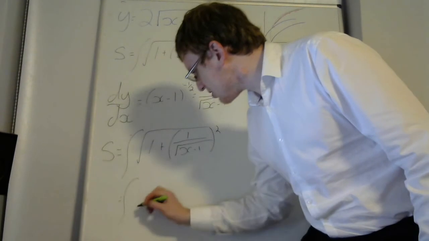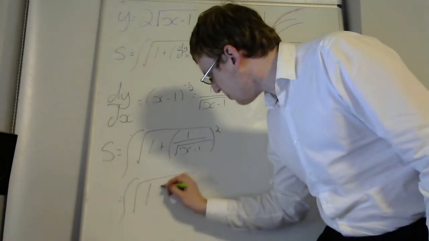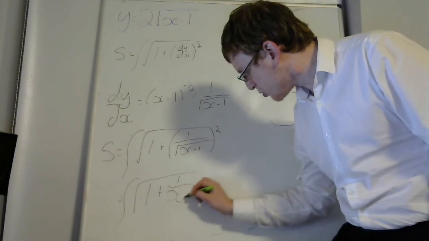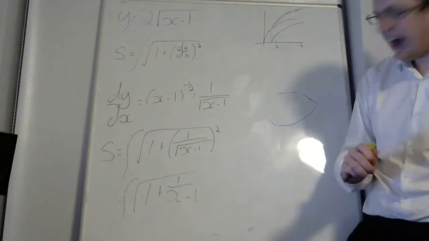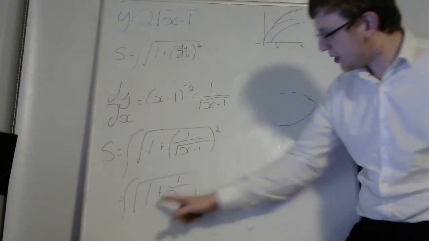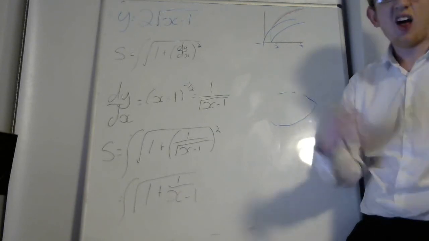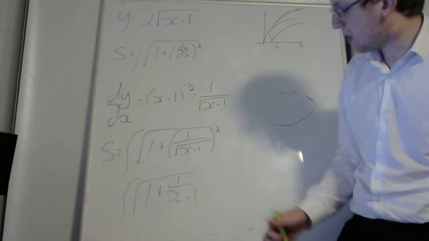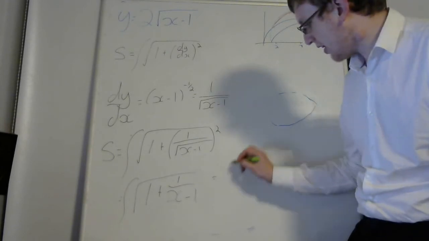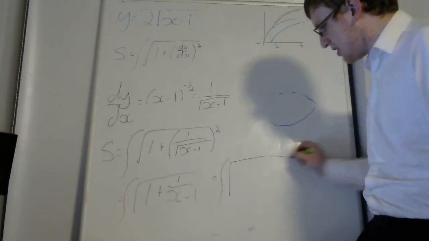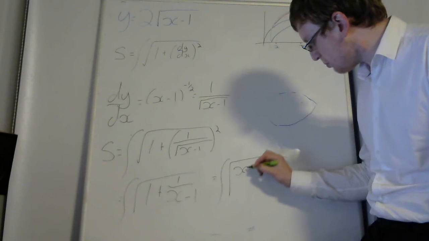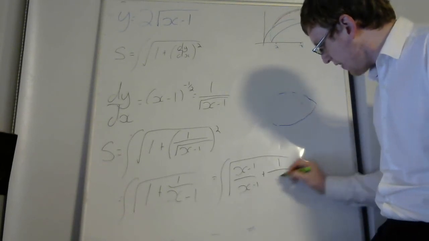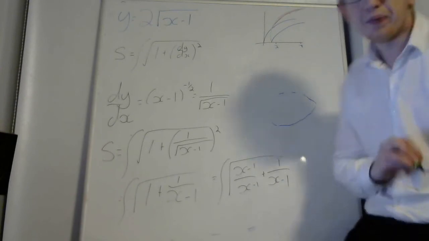So we've got the integral of the square root of 1 plus, square the top, 1, square the bottom, x minus 1. And then, like I said, I've got to make this all into one fraction. How do I do that? I make the denominators the same. So this 1 is x minus 1 over x minus 1. Now I've got the denominators the same. So it's the integral of the square root of x minus 1 over x minus 1 plus 1 over x minus 1.